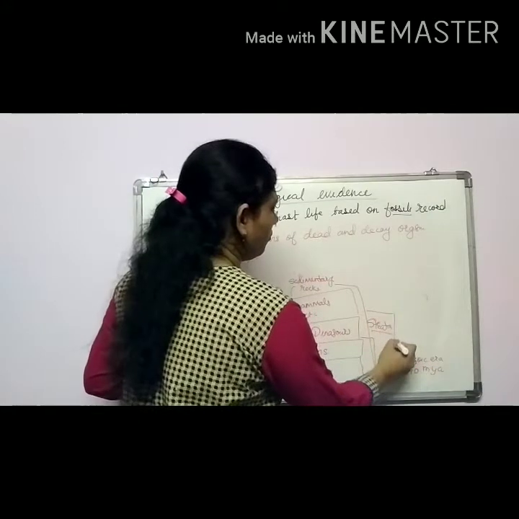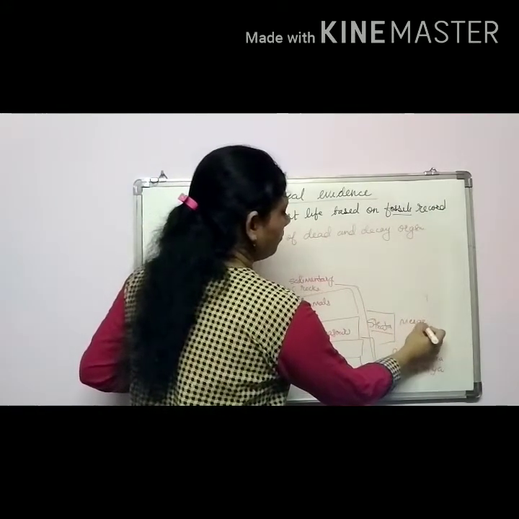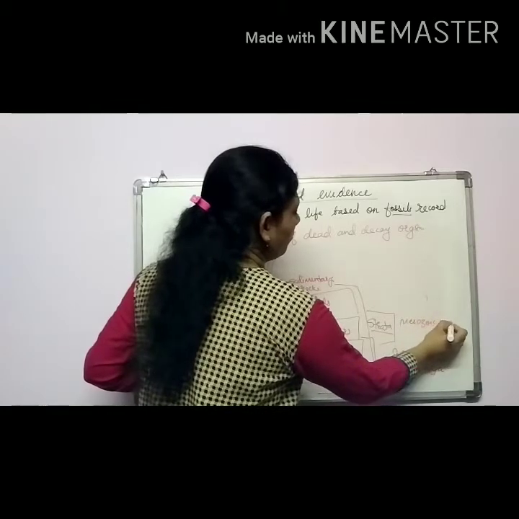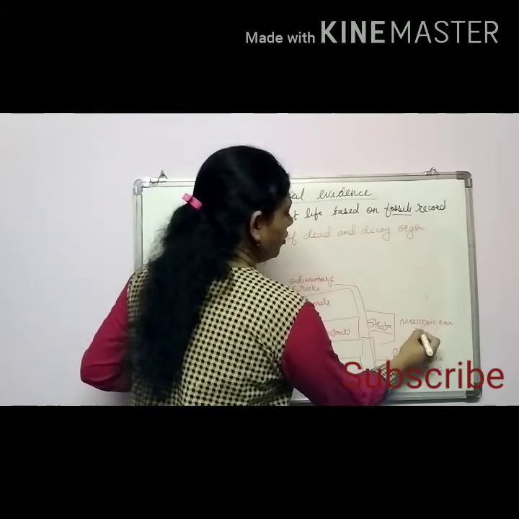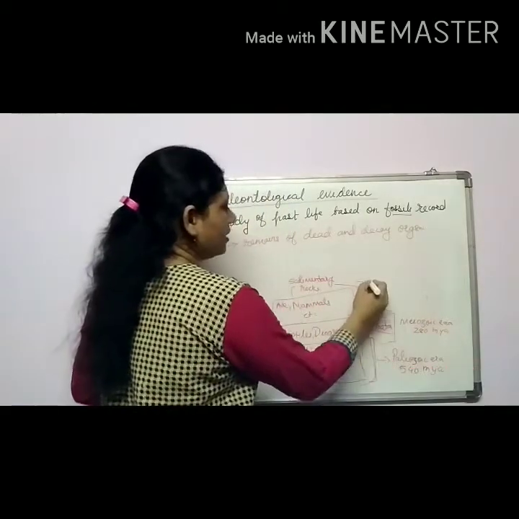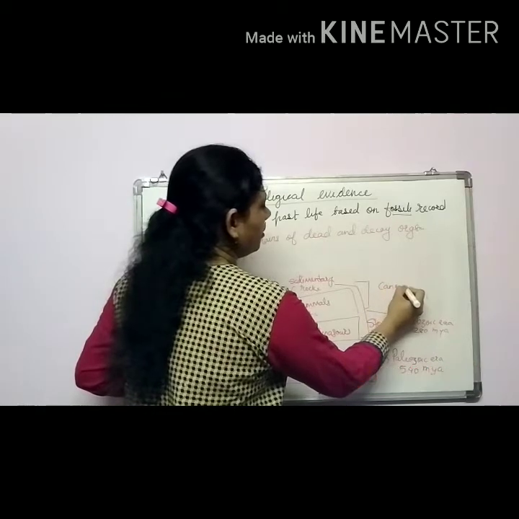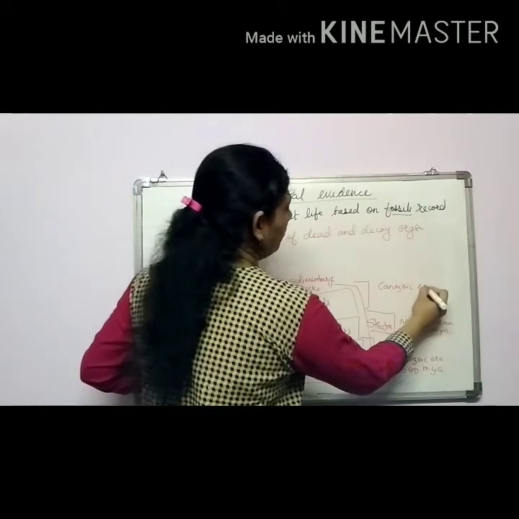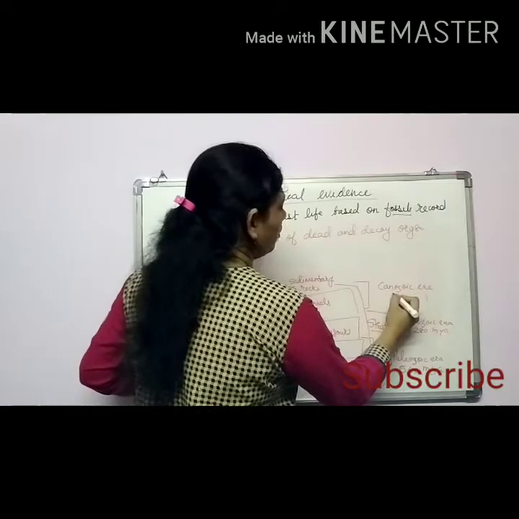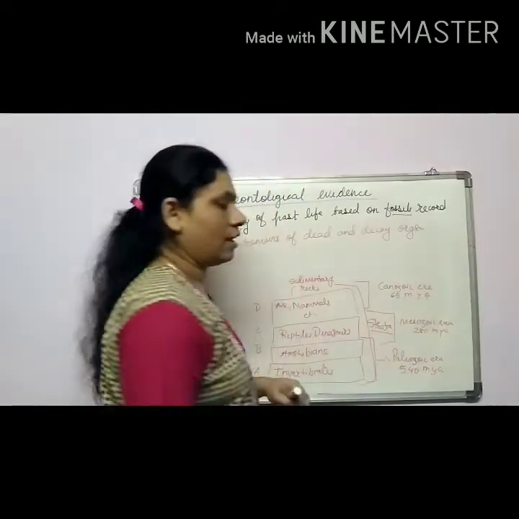This era was the Mesozoic era, which was 280 million years ago, and this topmost was the Cenozoic era, which was 65 million years ago.